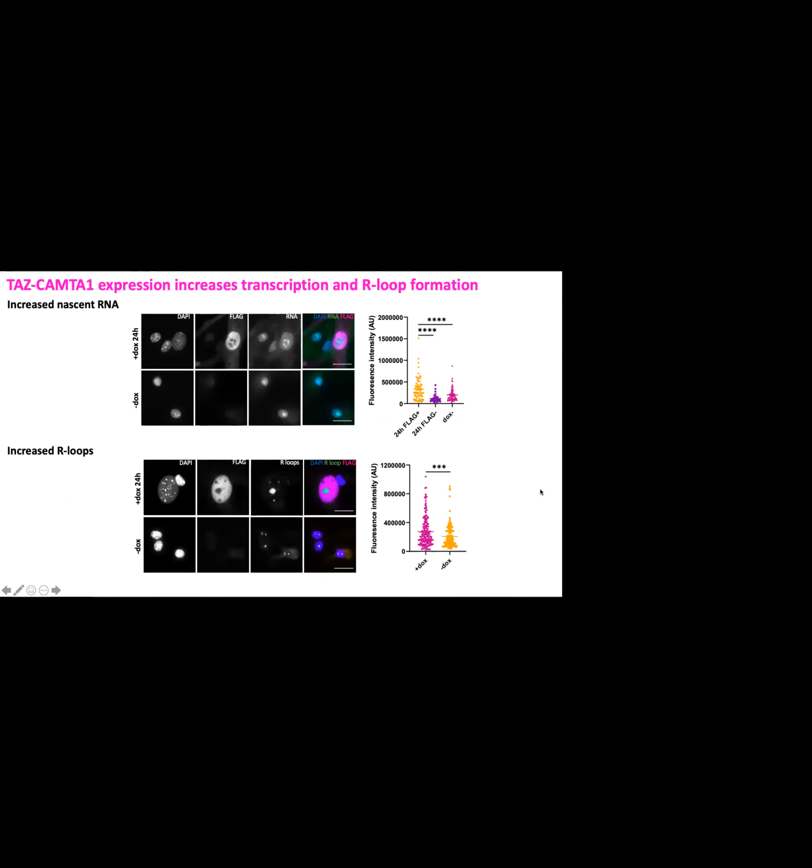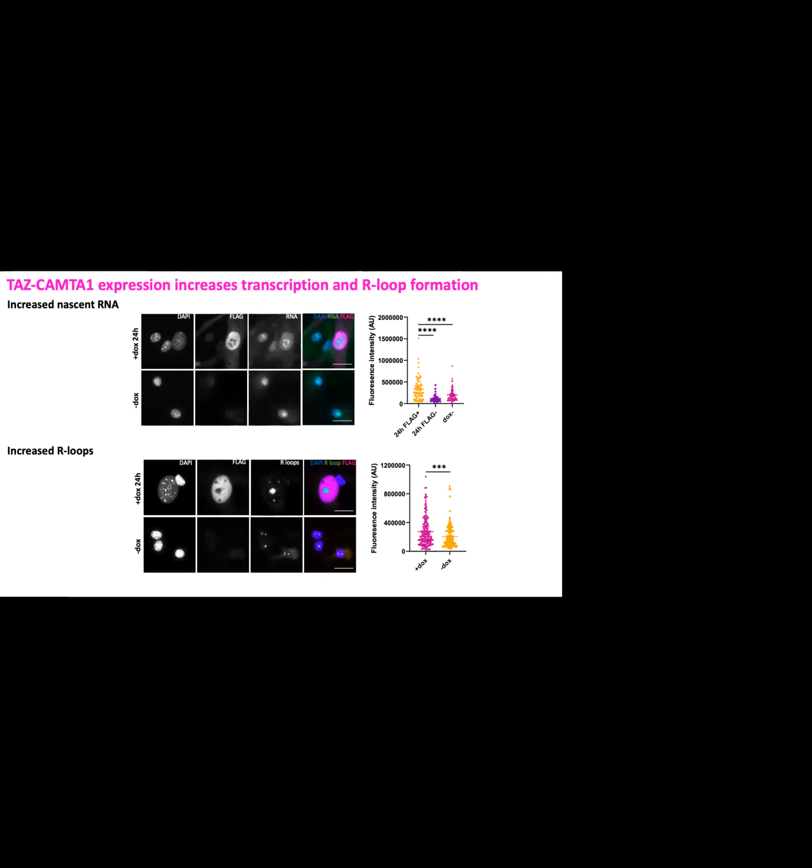And to further confirm this, we did some more imaging experiments. This nascent RNA imaging works similarly to the cell cycle experiments that I showed you earlier, except you add a uridine analog for an hour, and that will incorporate into any RNA that's transcribed during that period.